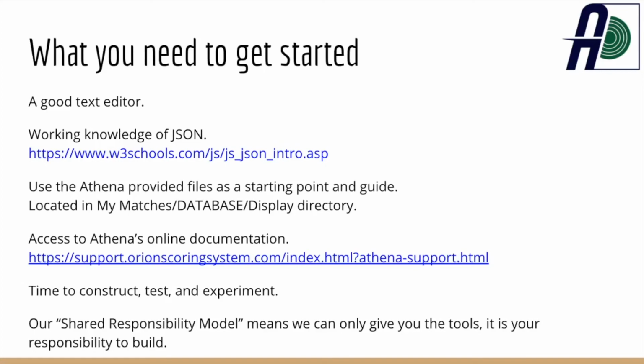Anything that starts with the word Athena are files that we control ourselves. You don't want to edit those files because they could get overwritten in a future version of Orion. So when you compose your own files, make sure to create new files and give them a unique name.